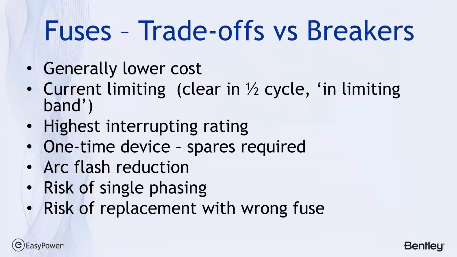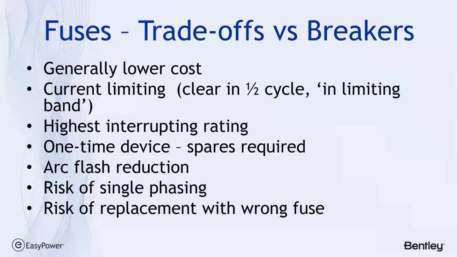Now, when we're comparing fuses with breakers, generally fuses will be a lower cost, and they do have the advantage of providing, in most cases, a current limiting result, which means once they're in a current limiting fault current, they will clear in a half cycle as long as they're in the limiting band. We'll talk a little bit about what that means.